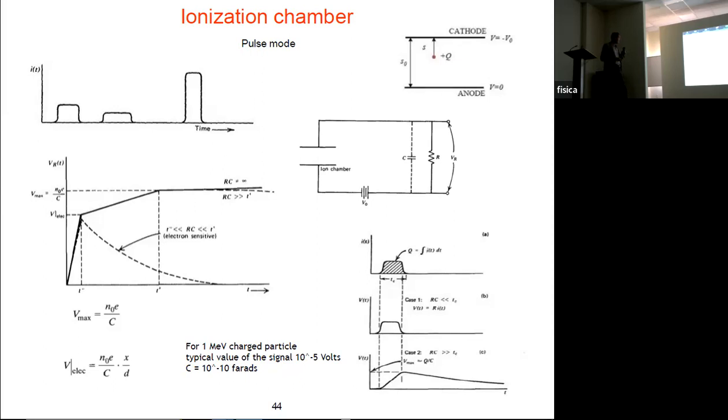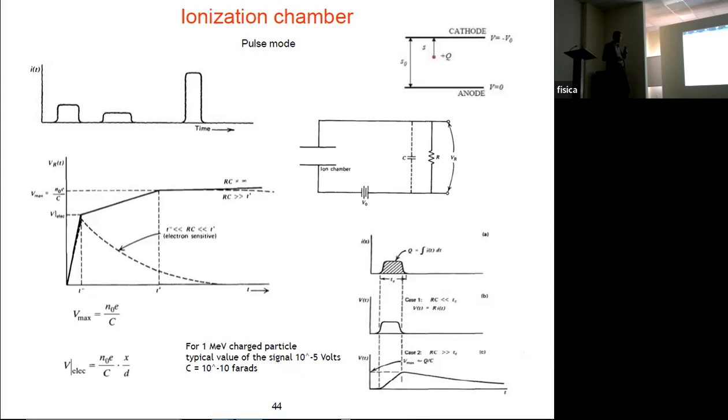And we have one problem with the ionization chamber, which is very important if you try to detect lowly ionizing particles. If you look, for example, at a one eV charged particle, the typical value of the signal is about 10 to the minus 5 volts.